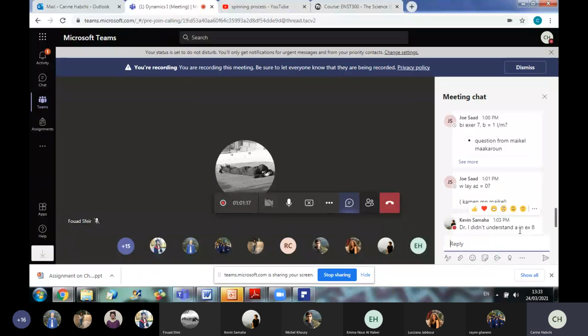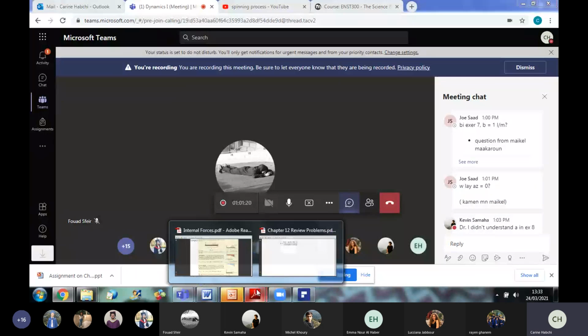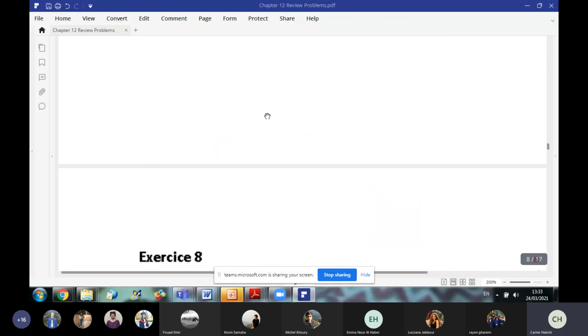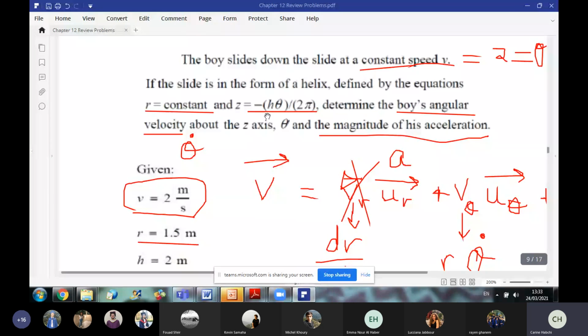Yes, I will repeat it. Okay. In problem 8, exercise 8, the acceleration. How to get the acceleration in this problem?